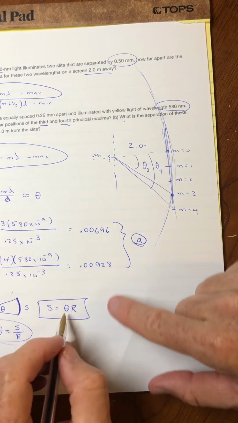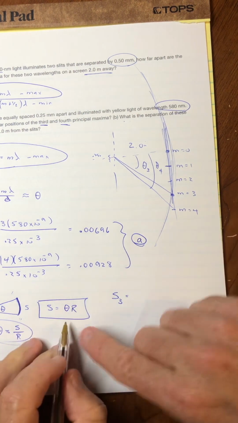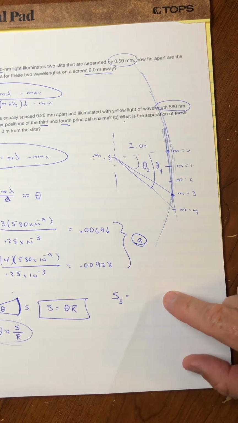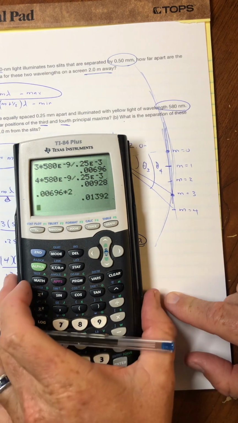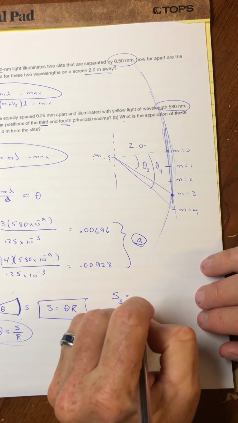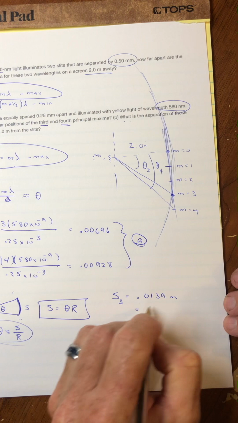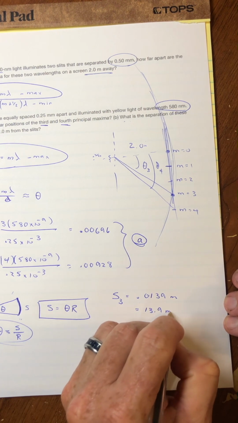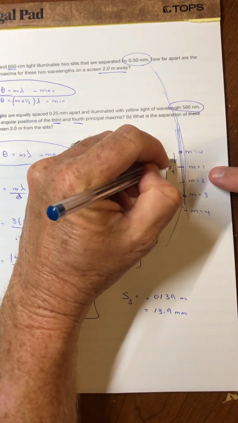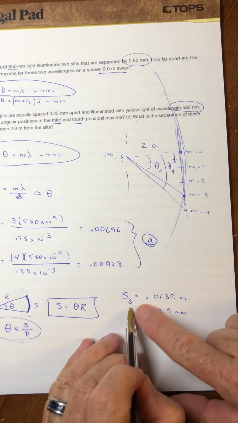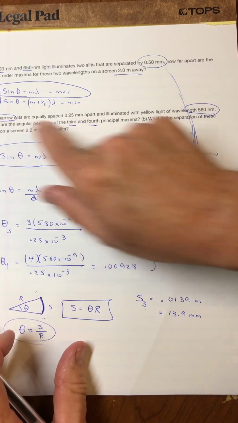Where that is helpful is we can say my position of the third bright one would be this angle times the 2 meters. So grabbing that angle and multiplying it by 2 meters, I would say it's 0.0139 meters. If you want, you could call it 13.9 millimeters. So this is why I was saying it's a short distance. You go roughly about 14 millimeters, and you'll get to the third bright fringe of these 10 narrow slits.